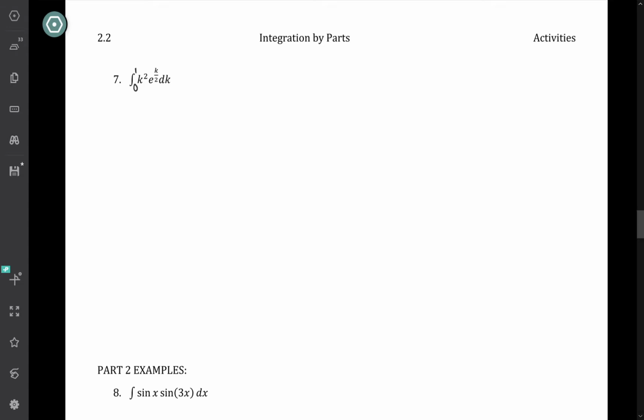Okay, so looking at this, I definitely have a product, k squared e to the k over 2, with a k over 2 in the exponent. And I'm supposed to integrate from 0 to 1, so I need the antiderivative. That's not trivial. By parts is a good candidate here because of two things.